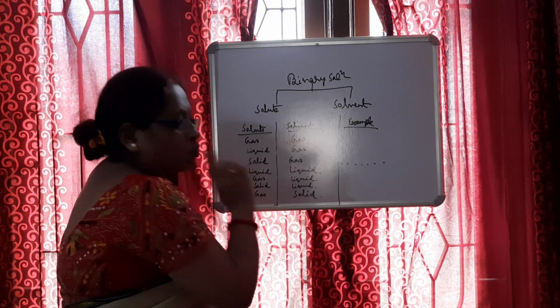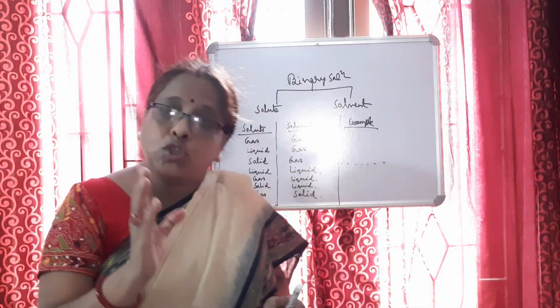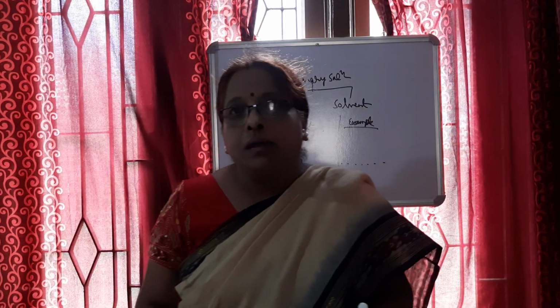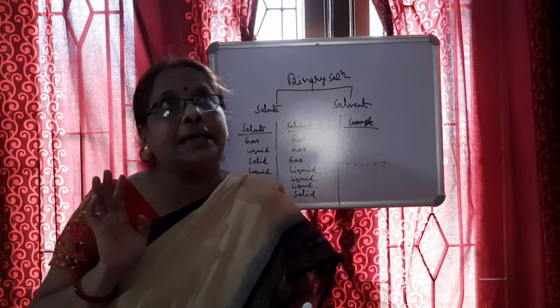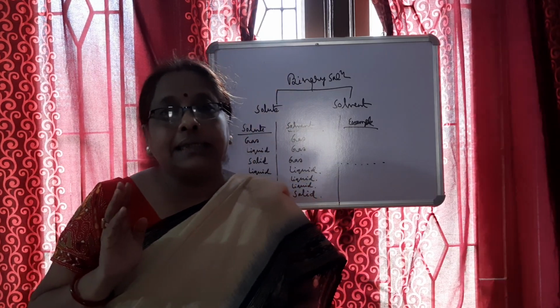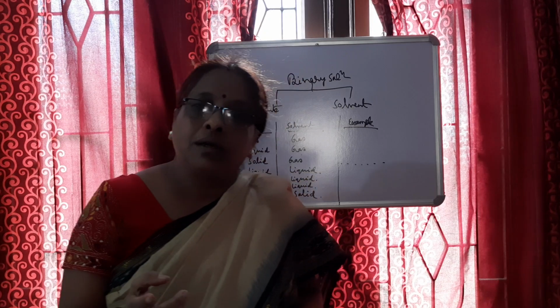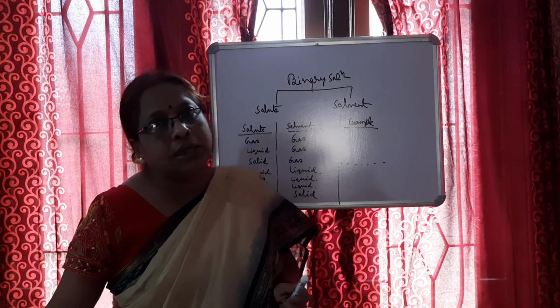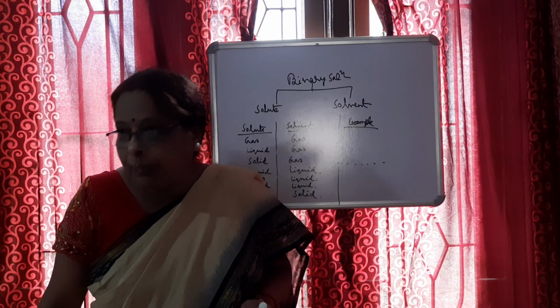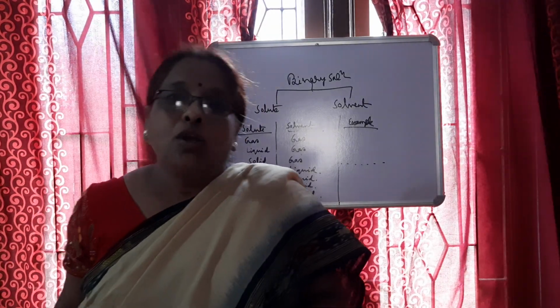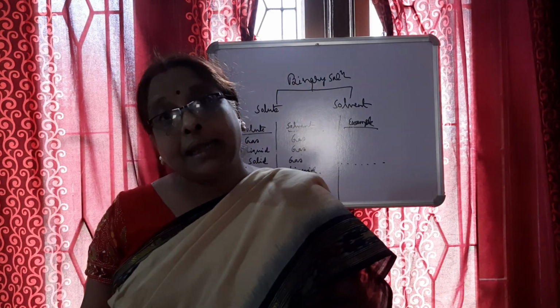Then liquid in solid: whenever the solute is liquid and the solvent is solid, the example is mercury in silver, that is silver amalgam. And whenever the solute is solid and the solvent is also solid, the example is brass or bronze, that is an alloy. So these are the different types of binary solutions.